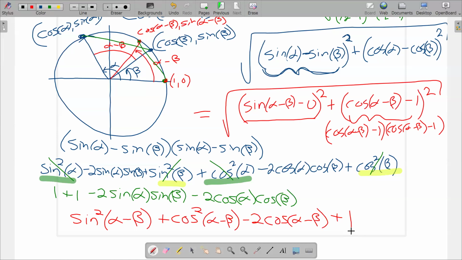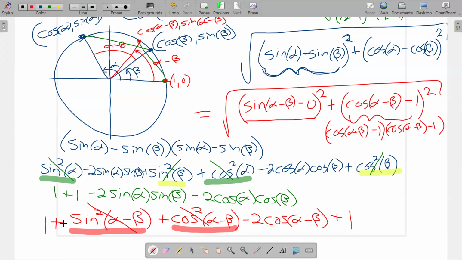Anything magical happen here? The first squared. Yeah, sine squared of an angle, cosine squared of the same angle. Doesn't matter what the angle is as long as it's the same angle. That's another 1. Goodbye. I love that identity. So we're going to get a 1 instead of those.